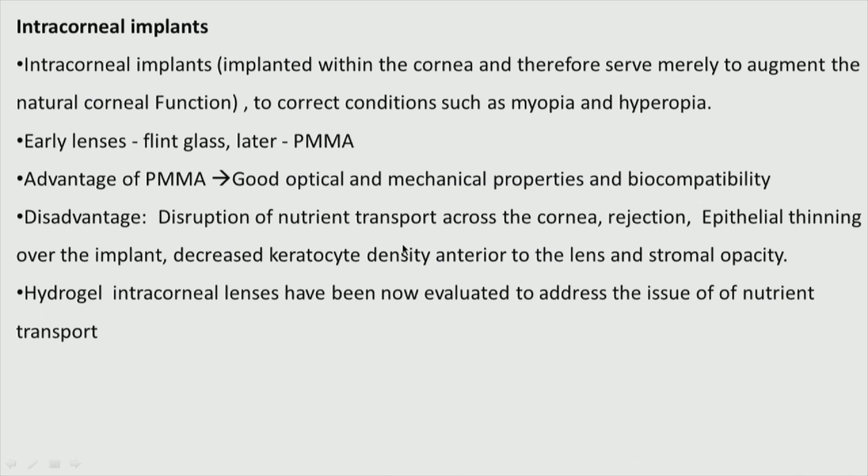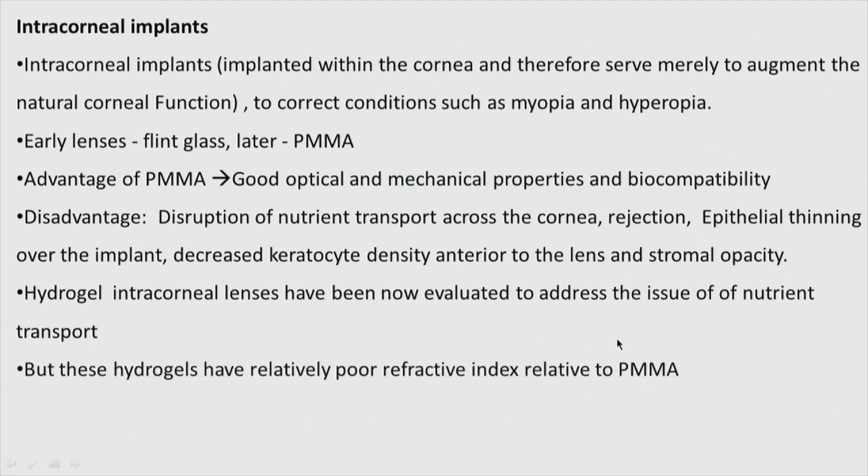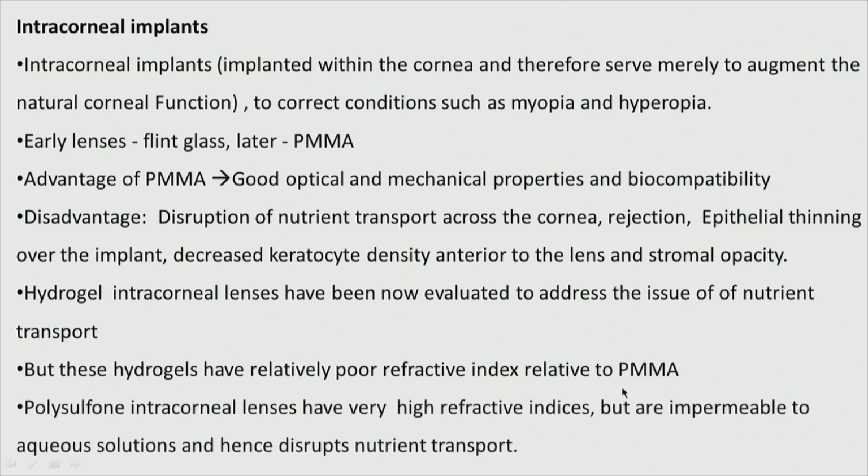So, hydrogel intracorneal lenses are now being looked at to improve the nutrient transport, but these have very poor refractive index when compared to PMMA type.